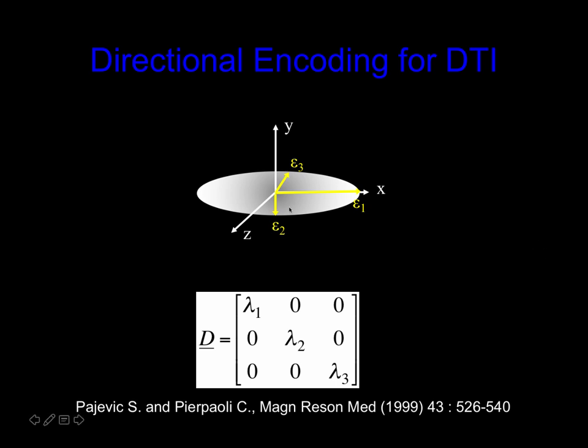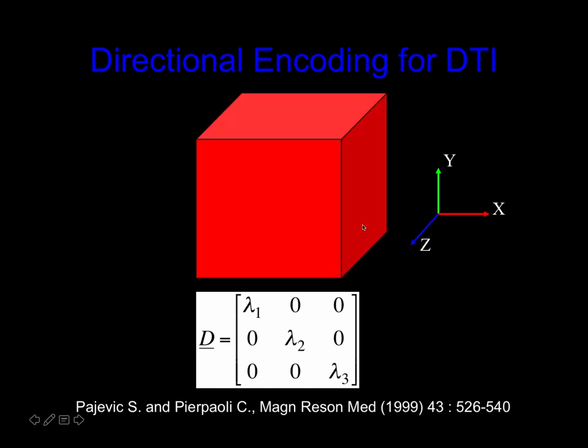If this is the ellipsoid that I've measured and I've got my primary eigenvector pointed along x, now I can give a color to each one of these directions, to x, y, and z. For this ellipsoid, in this voxel, the primary eigenvector is pointed along x, so I'm going to give it the color red. Just something very basic so we can start to see how these ellipsoids are oriented compared to just their shape, which was what the fractional anisotropy gave us.